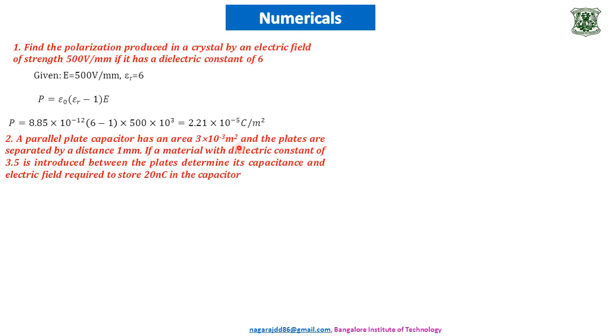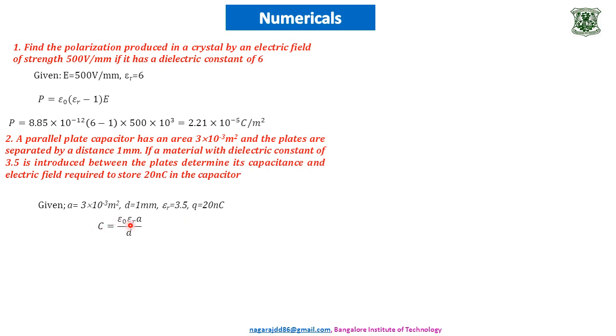Students, this is actually PU level problem. You might have done so number of problems of this type in PUC. Anyway, list out the data. Area of the plates given, distance of separation given, relative permittivity or dielectric constant given, charge stored on the capacitor given.